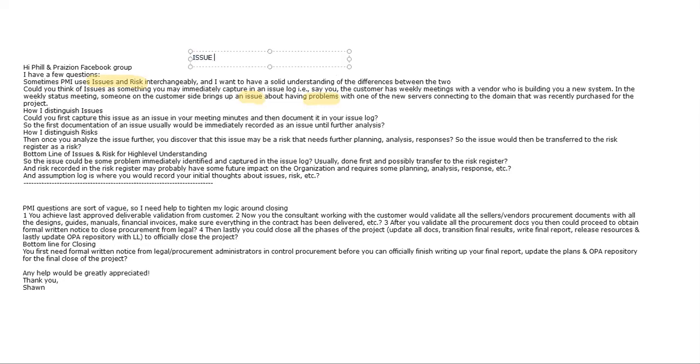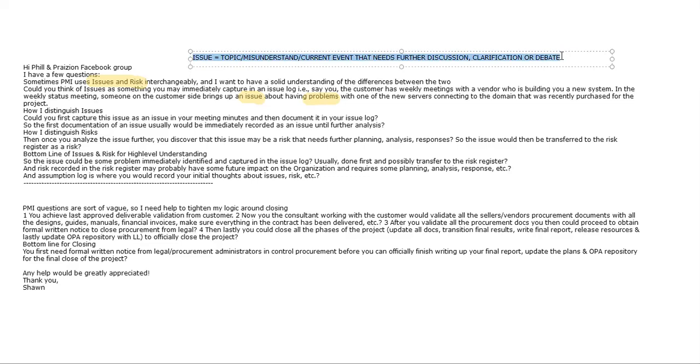An issue is a topic or a misunderstanding or a current event that needs further discussion, clarification, or debate, if you will.